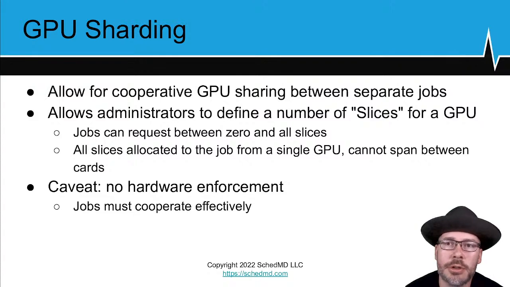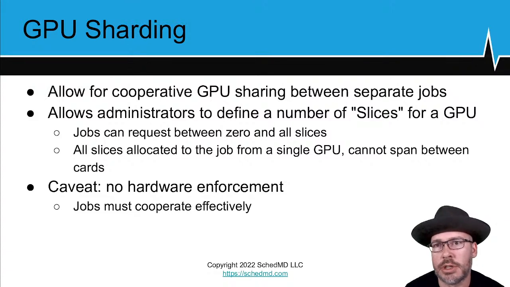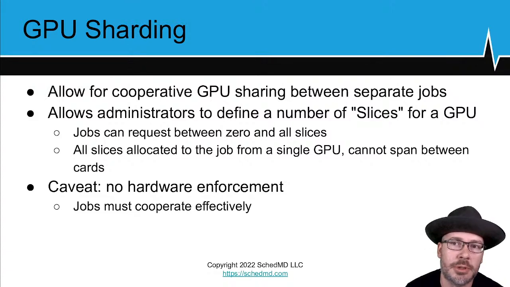As an admin, you go through and define the number of these shards or slices, you can use that terminology somewhat interchangeably, that you want to make available, and then users can request specific counts of those as part of their job submission. The scheduler will track, manage, and respect this and make sure that proportionally the jobs running on the system fit in that model.